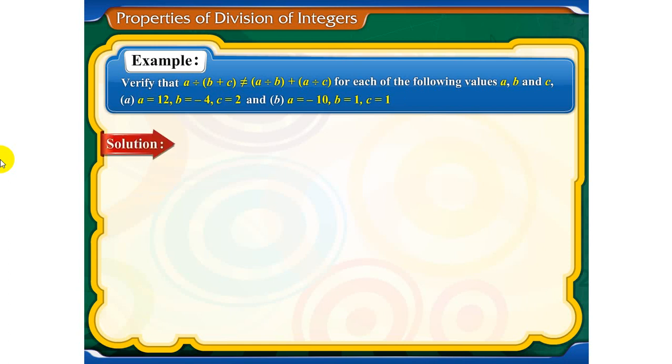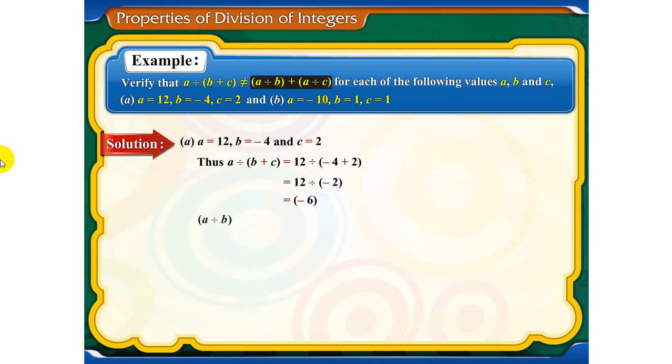The solution. (a) A equals 12, B equals minus 4 and C equals 2. Thus, A divided by (B plus C) equals 12 divided by (minus 4 plus 2), which equals 12 divided by minus 2, which equals minus 6.